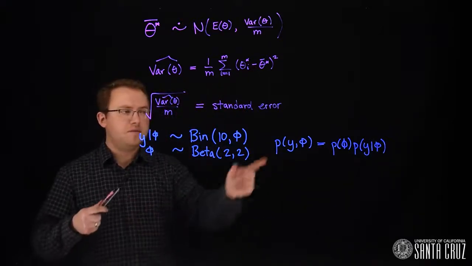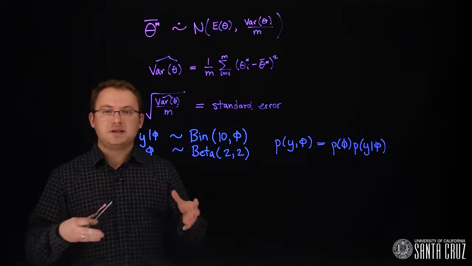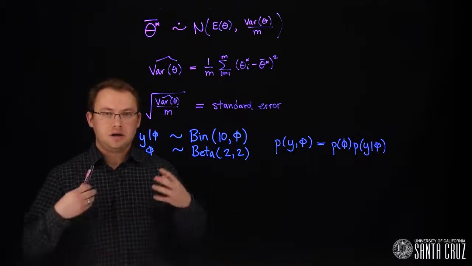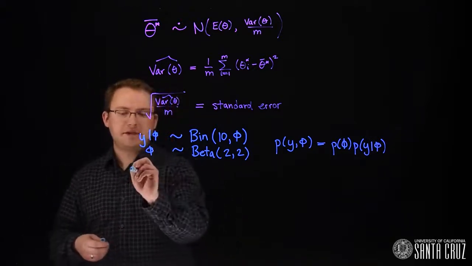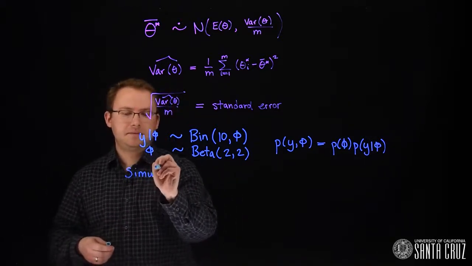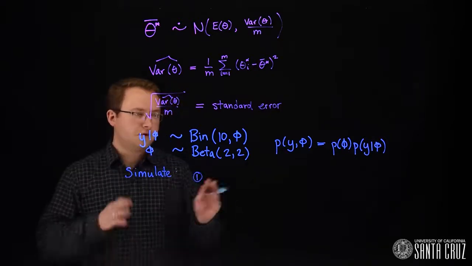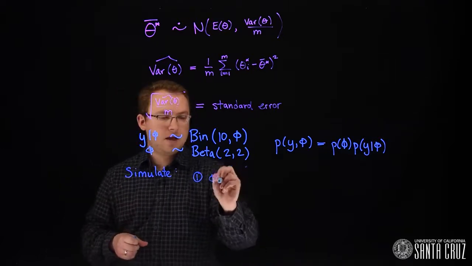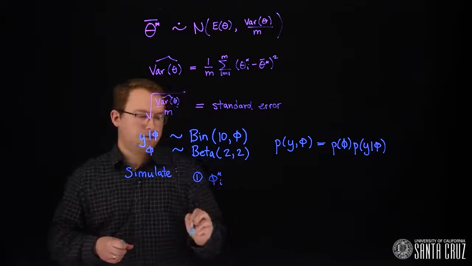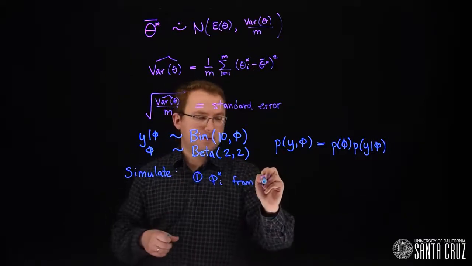To simulate from this joint distribution, we're going to repeat the following steps for a large number of samples, m. The first step we're going to take to simulate would be to draw a phi star i from its beta distribution.